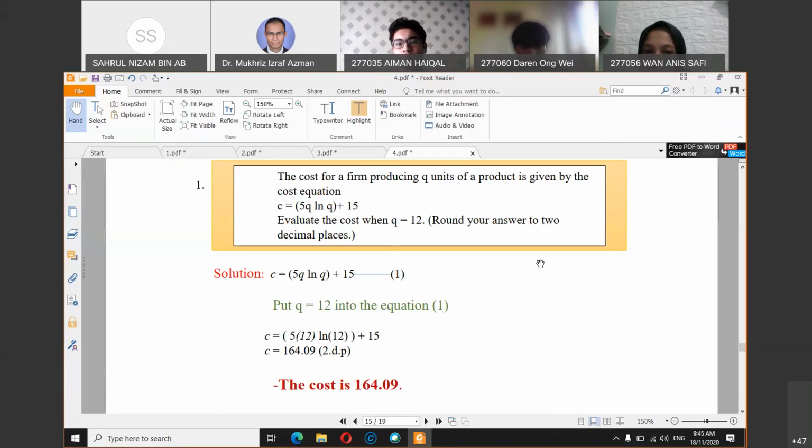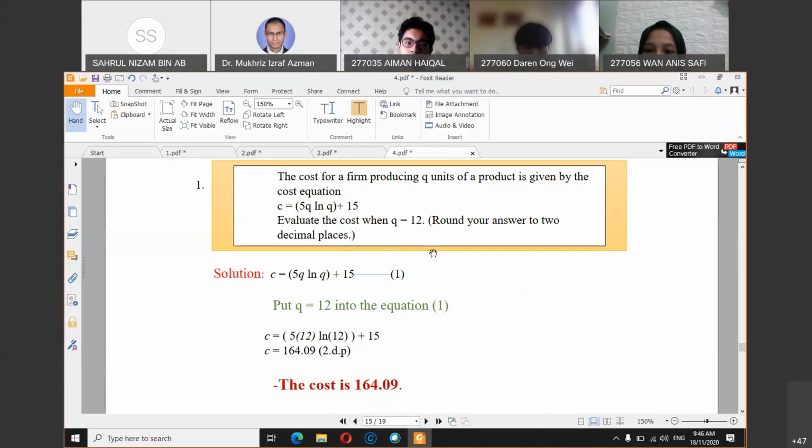Okay, so this one is on log, or ln. 5Q ln Q plus 15, evaluate when Q equals 12. So just simply substitute, right?